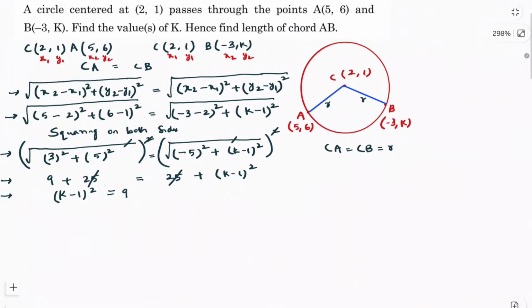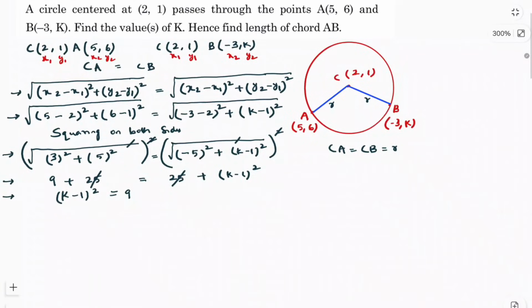So if I simplify this further, (k minus 1) whole square equals 9. So k minus 1 equals root 9. So k minus 1 equals plus or minus 3.